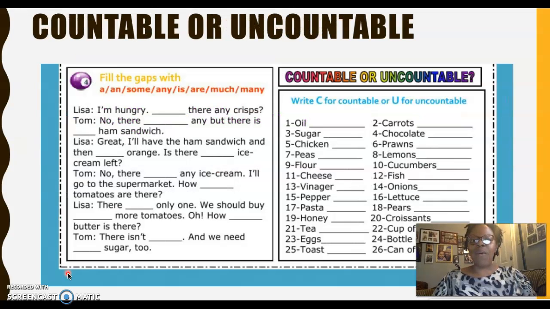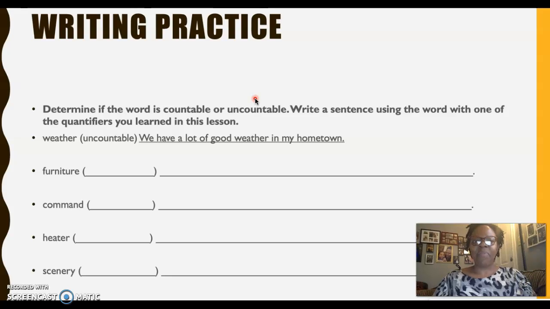And here you are using countable and uncountable. On this side, you would write C if it's countable, U if it's uncountable. And here you're going to practice a conversation and fill in the gaps with a, an, some, any, is, are, much, or many. And here you can pause the video and practice some writing.